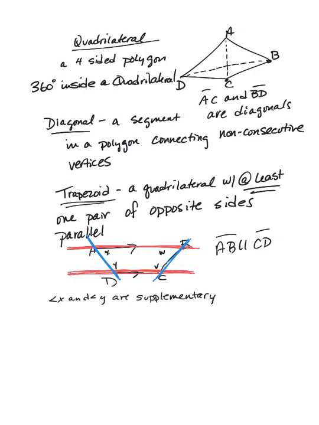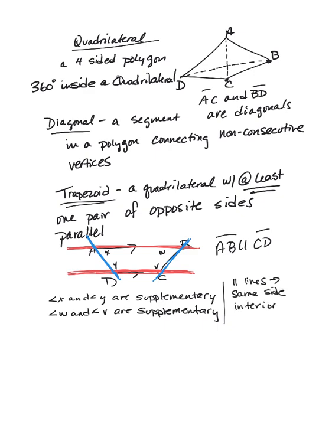Same thing with angle W and angle V. Okay, that's really all you can assume from this. And the reason for this is because you have parallel lines, same side interior angles are supplementary.